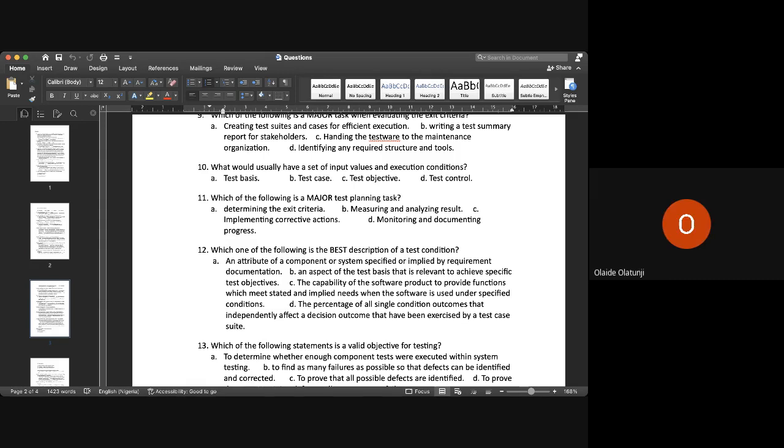Another, an aspect of the test basis that is relevant to achieve specific test objectives. Is that the answer? B. Yeah. What made you pick B? Because it sounds more correct to you.